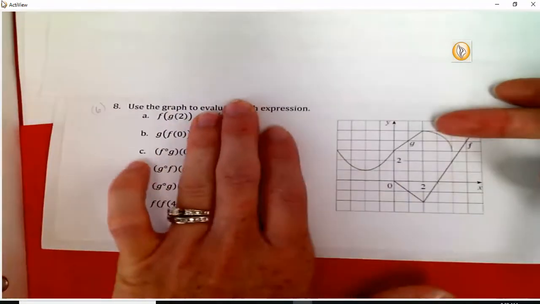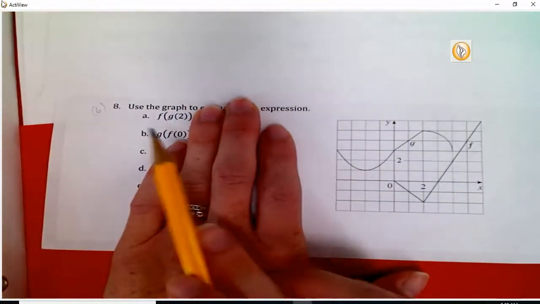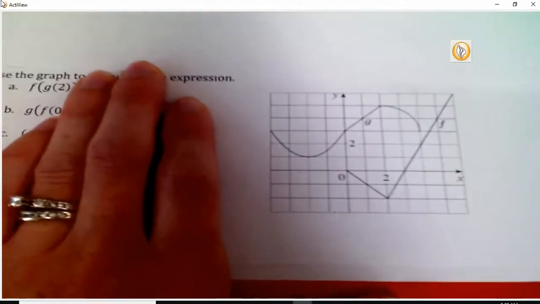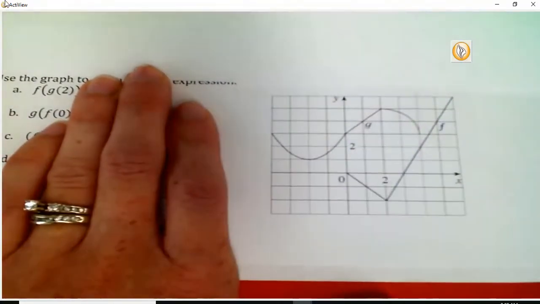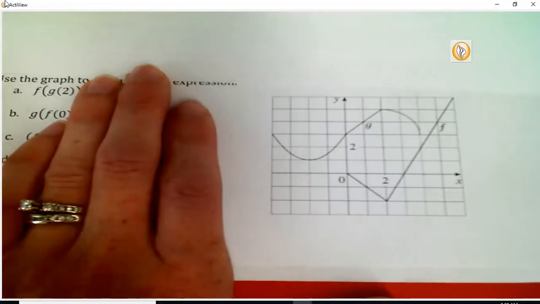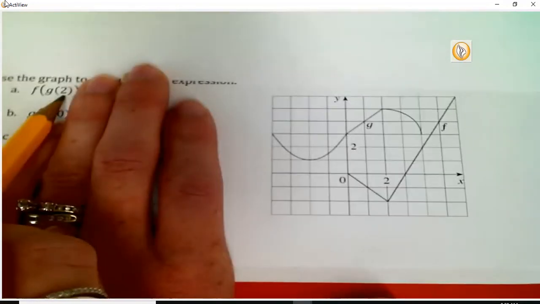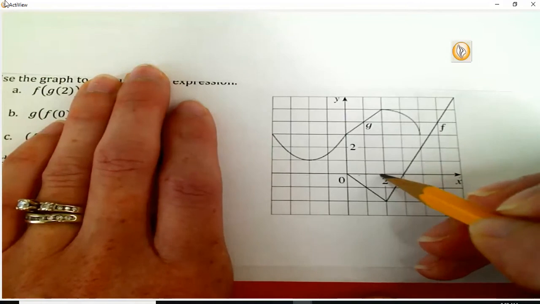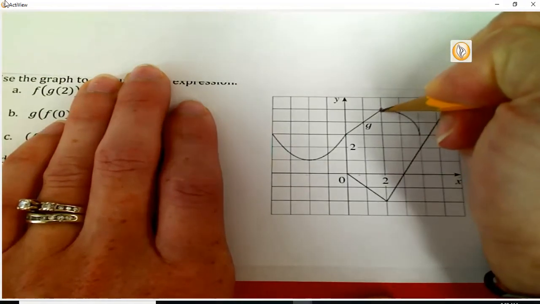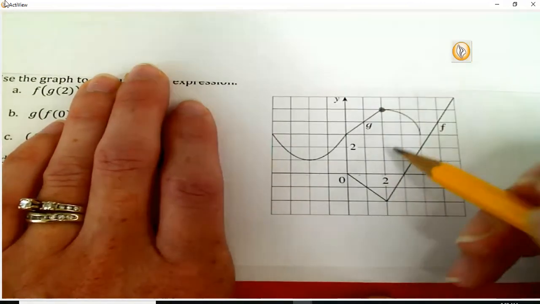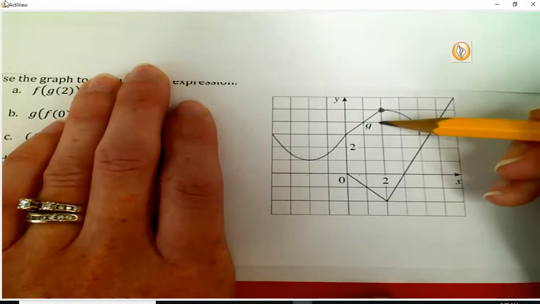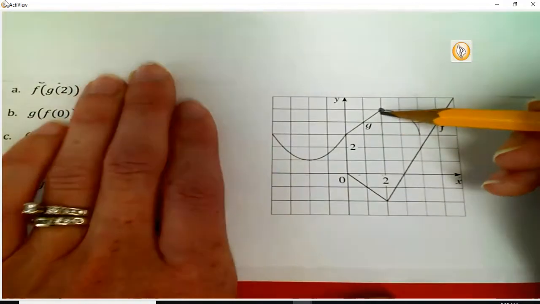F composed with G of 2. So that means X is 2. You start on the inside, so you have to look at the G graph. So when my X is 2, I find the point on graph G. And you want its Y value. So that's a Y value of 1, 2, 3, 4, 5.